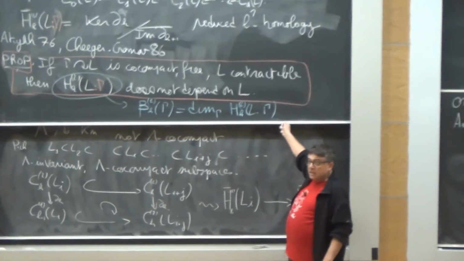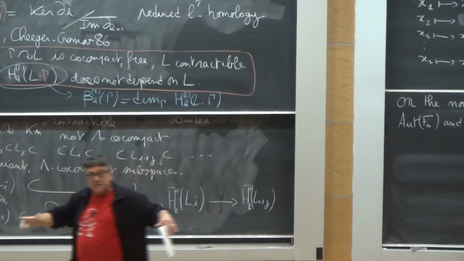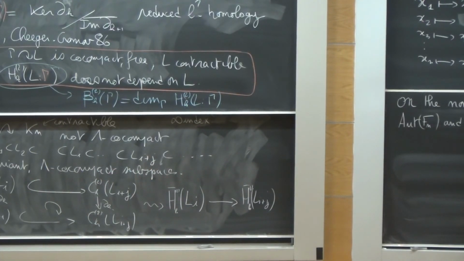And observe that when you enlarge your complex, H_d in top dimension of L_i is just the kernel of d. Right? And this, for L_i, injects in the kernel for L_{i+j}. And this injects forever. Okay?